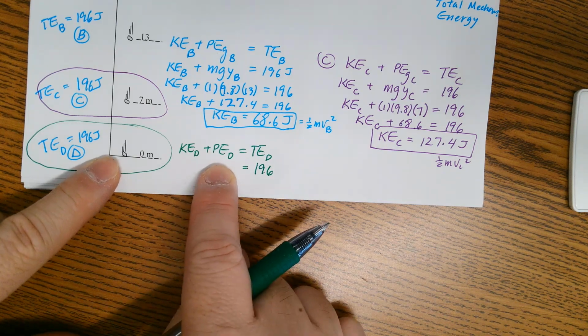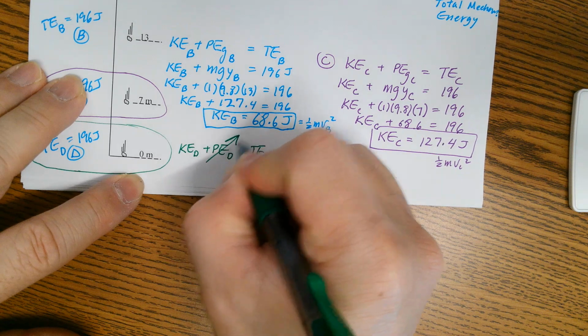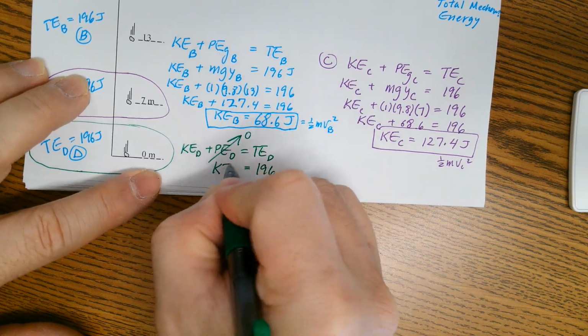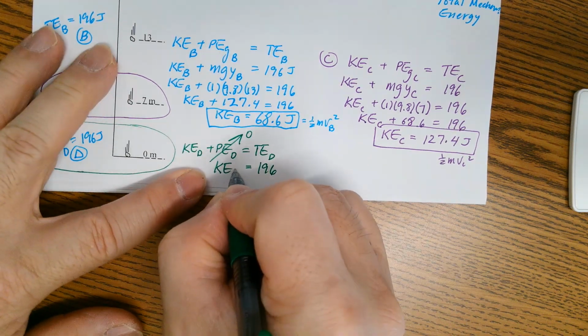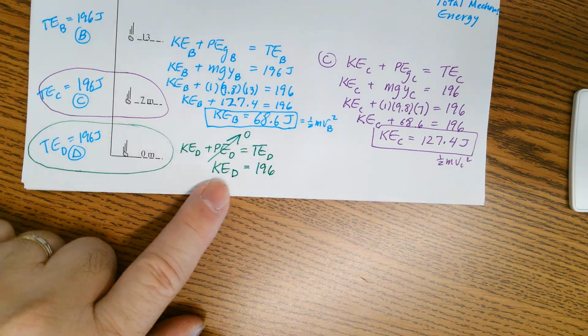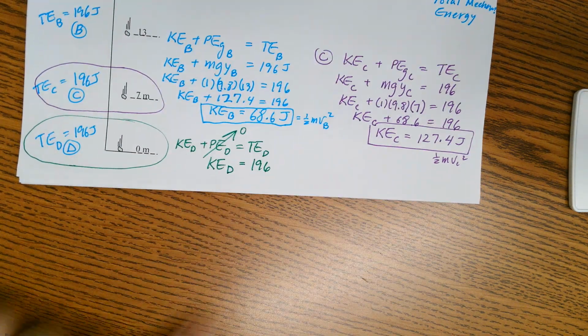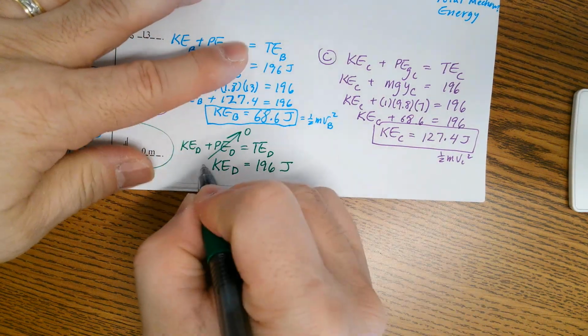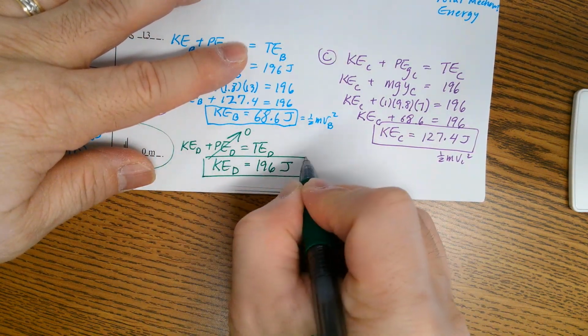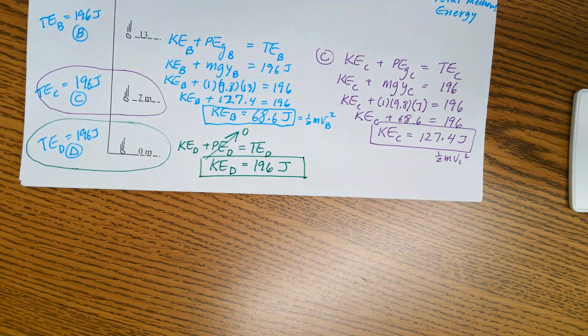None, because the height is 0. So kinetic energy at D is just the total energy at D. So kinetic energy at D is 196 because my potential energy at D is 0.